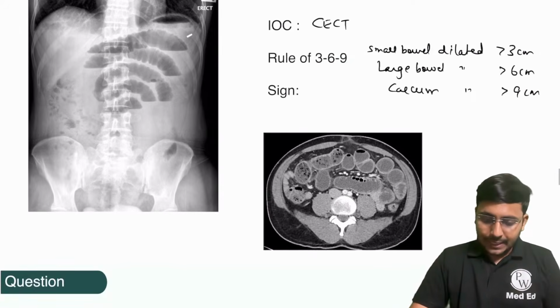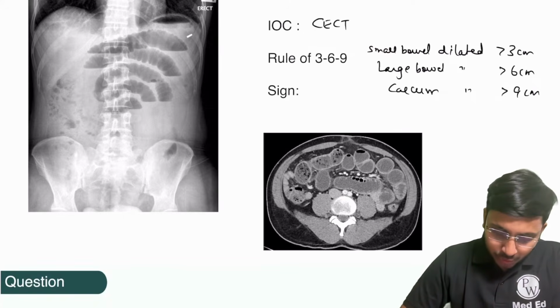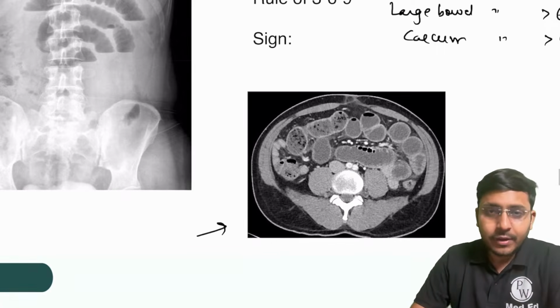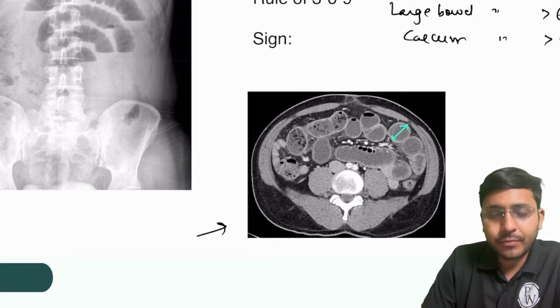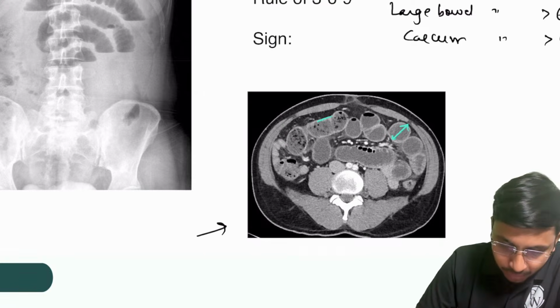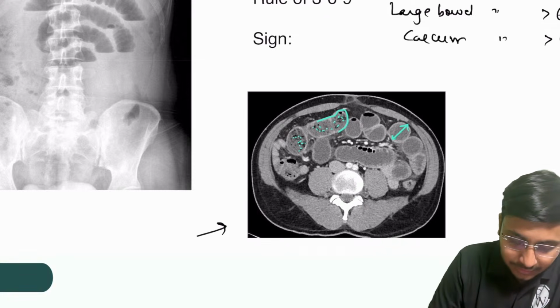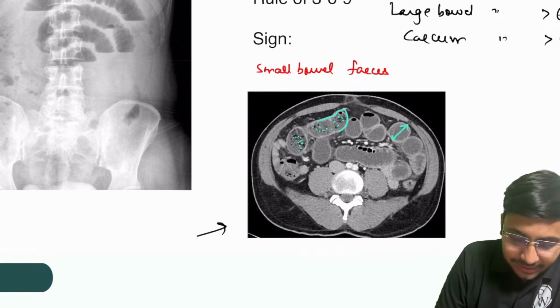Right? Now tell me an important sign which is shown here. This is a sign of intestinal obstruction. So you see that the small bowel loops are dilated, and these small bowel loops have some air within them. This is known as the small bowel feces sign.